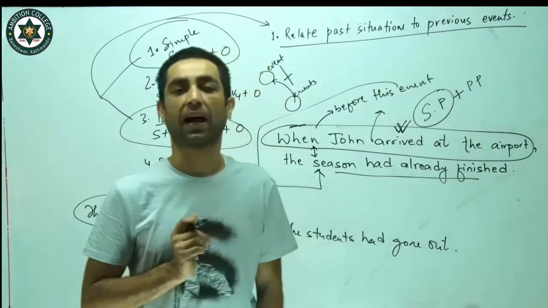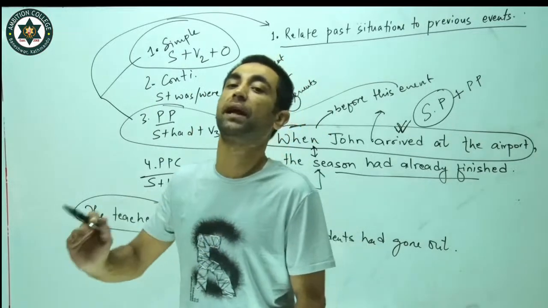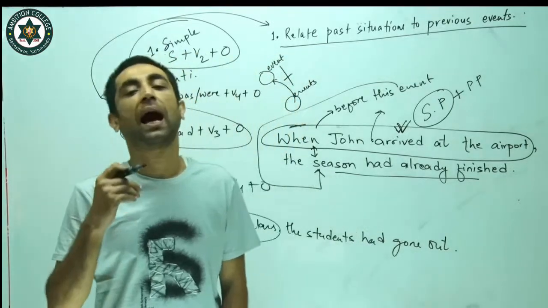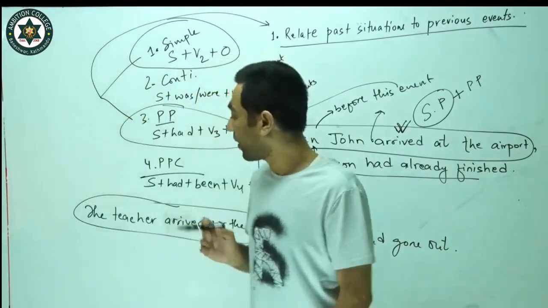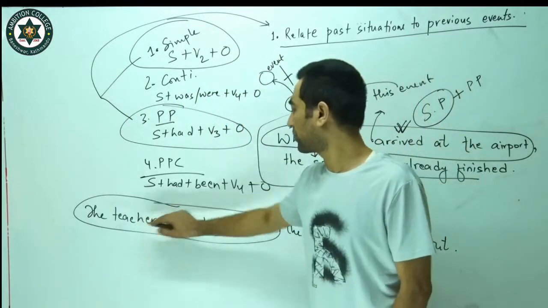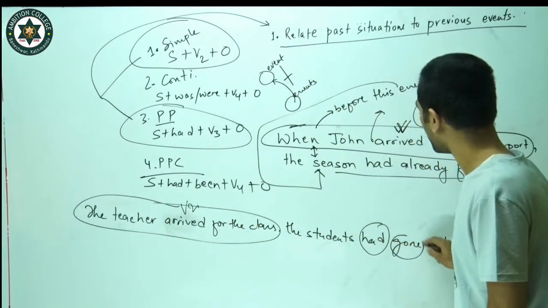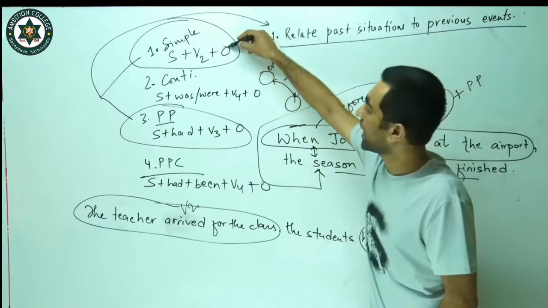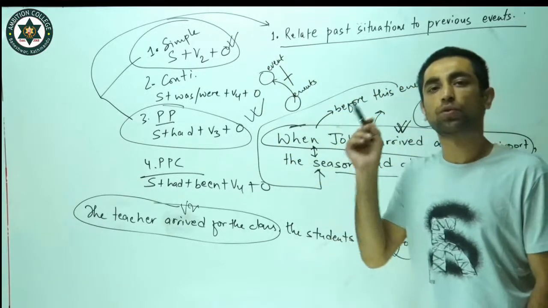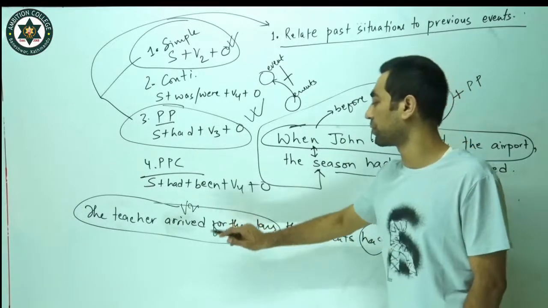Teacher arrived in the class, but before the teacher's arrival, the students had already left the room, already vanished from the room. And now for this context, we are using subject plus V2, and here we have had plus V3. That means we are fusing simple past and the past perfect. So to mention the situation that happened in the past, we use the simple past.